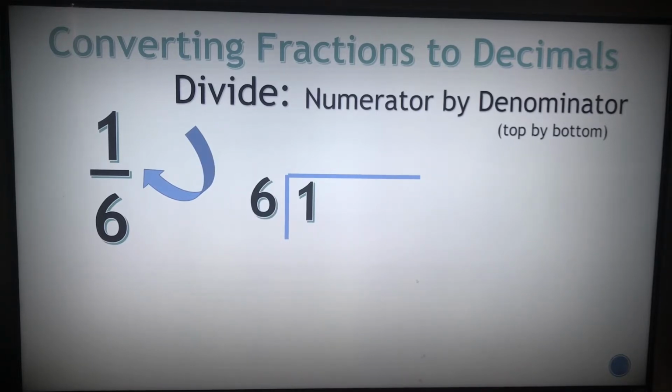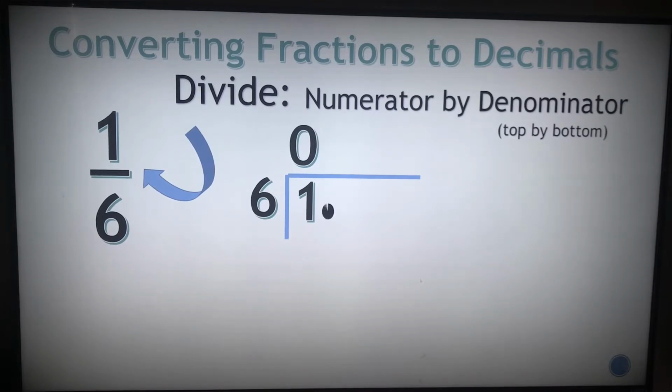Now, when I look at this, 6 cannot go into 1. So that means I'm going to have to put a 0. Well, that's not going to help me. Behind every whole number is a decimal, even if you don't see it. There's a saying I have: when the decimal's out of sight, place it on the right.